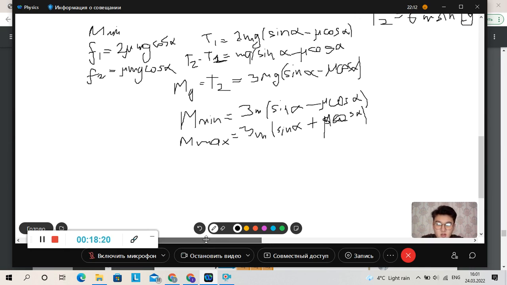And the last question was the T2 max minus T2 minimum. Okay, and this is the max minimum T2, and the maximum T will be just this.